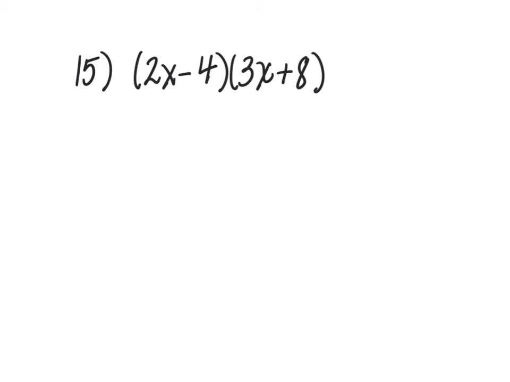Number 15, we have 2x minus 4 times 3x plus 8. Same process. We'll distribute the 2x first to the 3x and to the 8. So 2x times 3x. 2 times 3 is 6. X times x is x squared. 2x times 8. 2 times 8 is 16, and the x comes along for the ride.